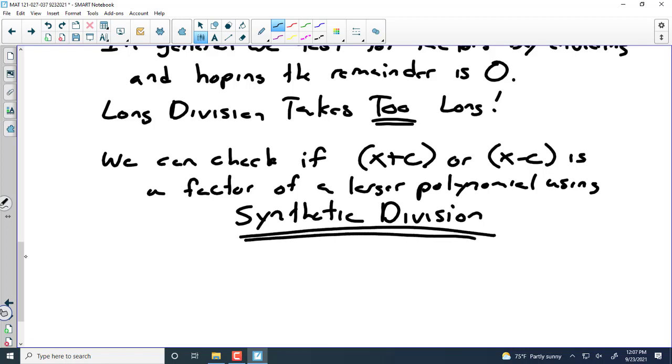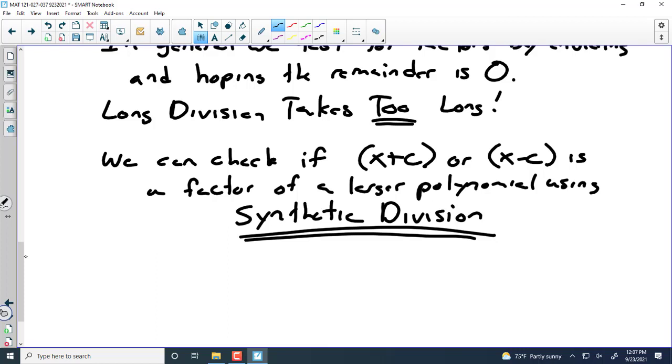Synthetic division is a fast, efficient, fairly mistake-free way of determining whether or not something is a factor of a polynomial. I mean, you can always make an arithmetic error, but this one's much easier not to make a mistake.